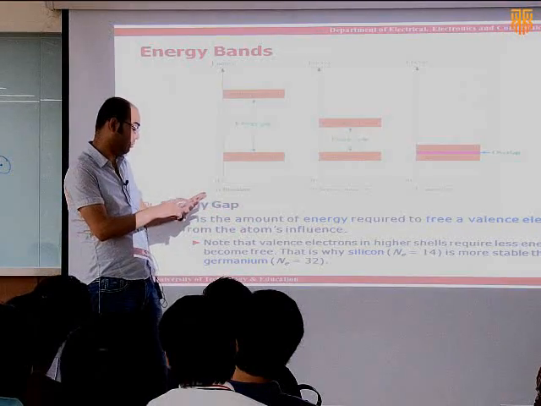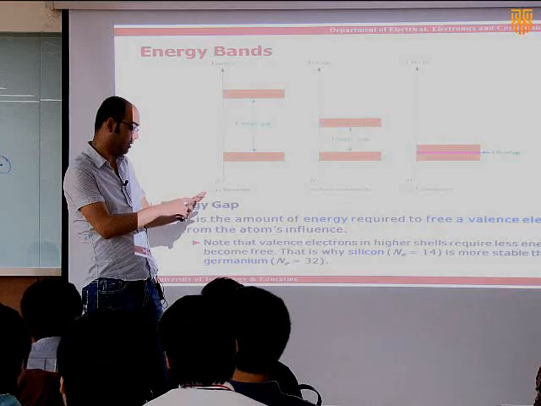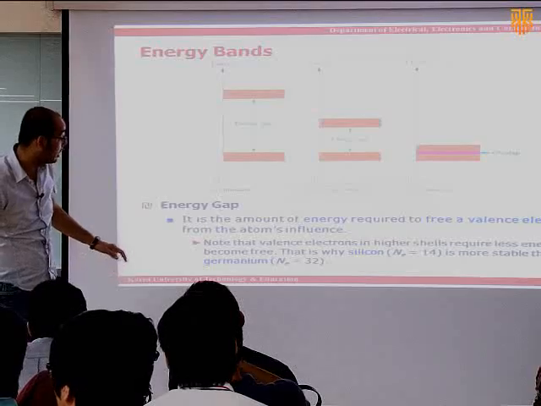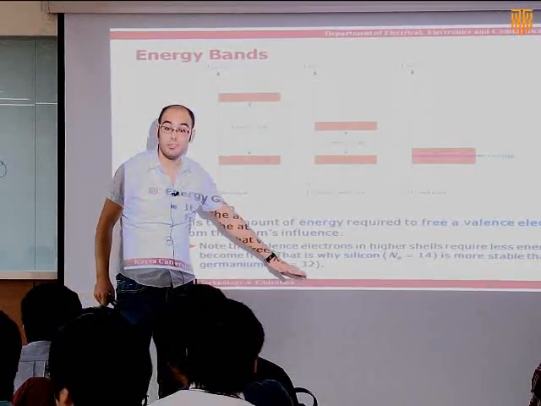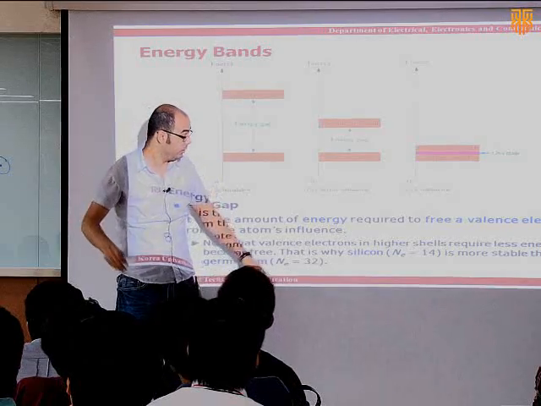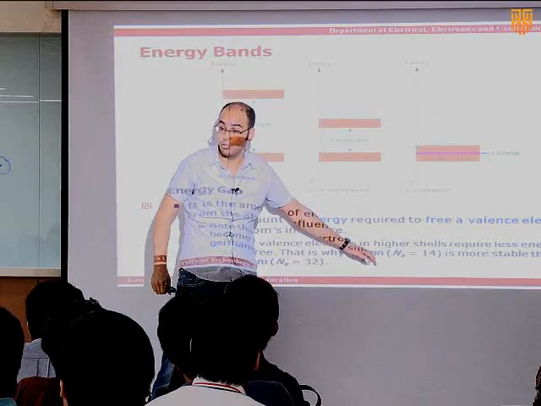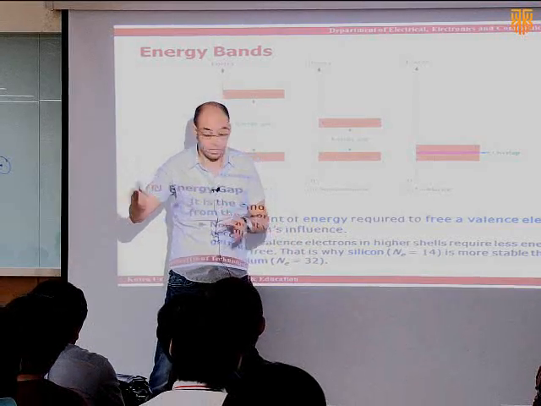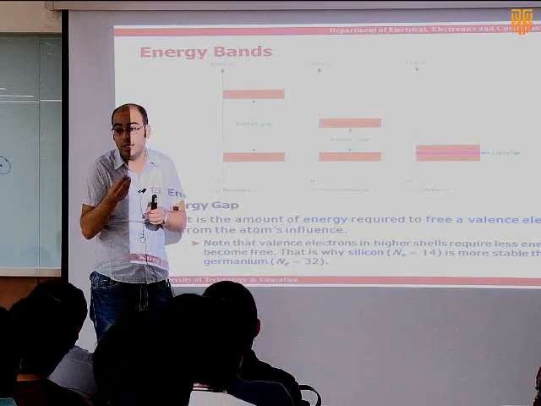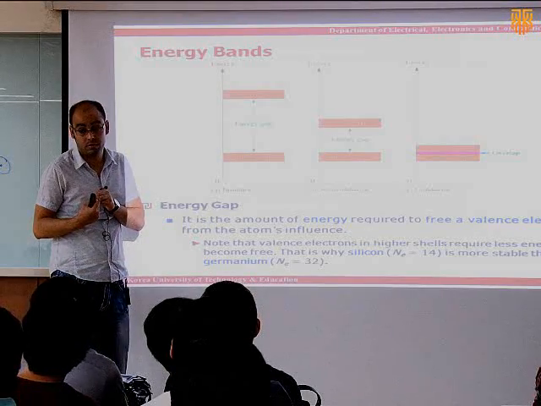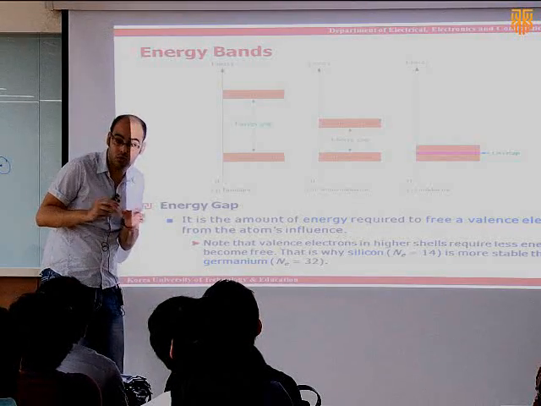So the valence electrons of germanium are in the 4th shell, and silicon's are in the 3rd shell. So germanium needs less energy for the electron to leave, and silicon needs more. That's why germanium is less stable. Any energy can make it conduct.